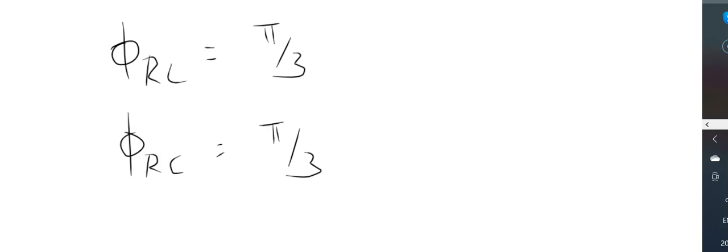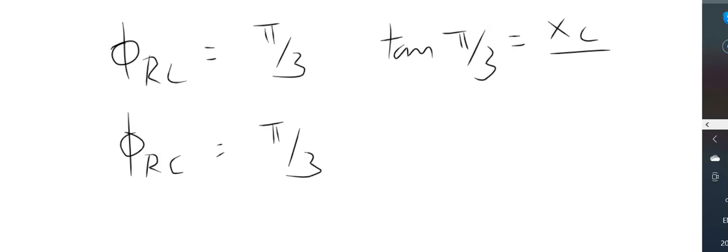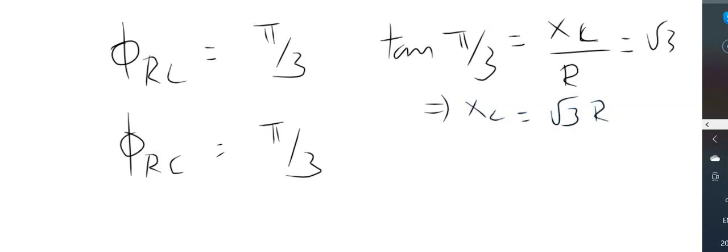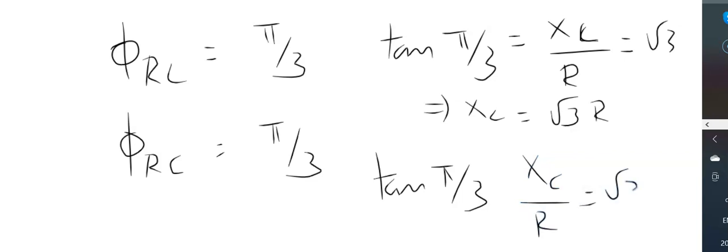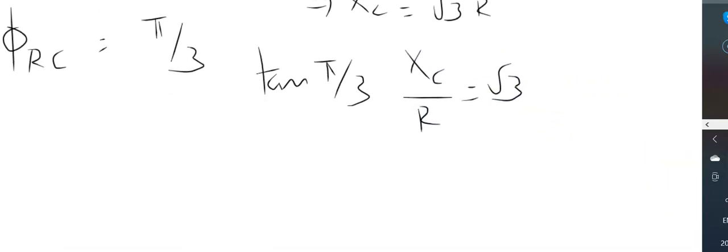So, tan pi by 3 for the RL circuit is XL by R, and we know tan 60 is root 3, this implies XL is equal to root 3 R. Similarly, tan pi by 3 for the RC circuit is XC by R, which is equal to root 3. So, therefore, we get XC to be equal to root 3 R.